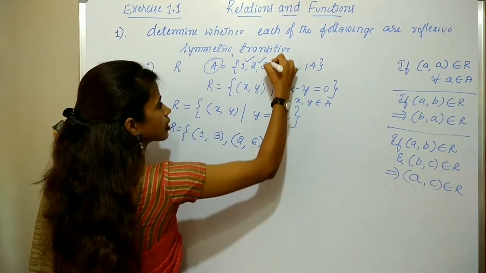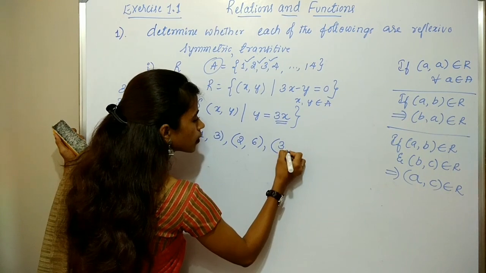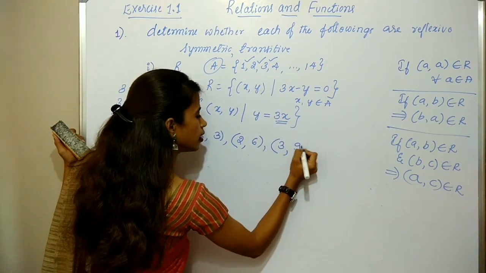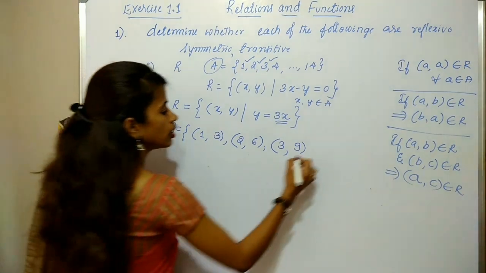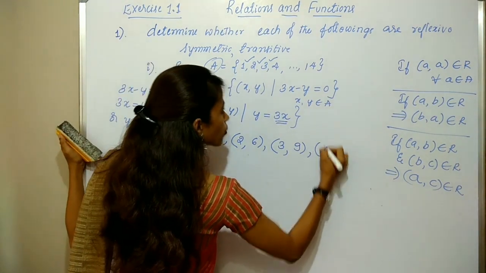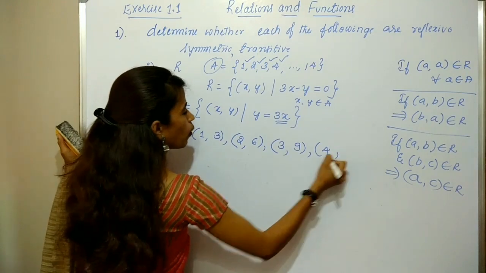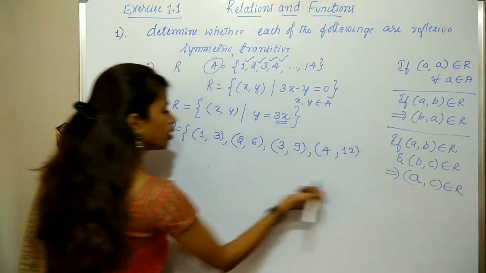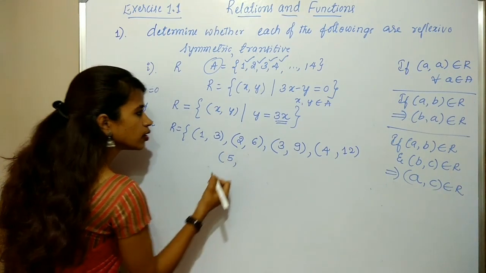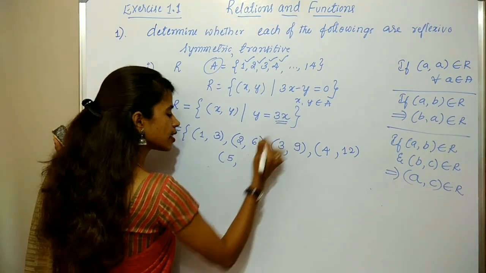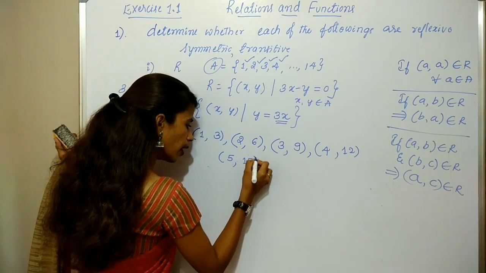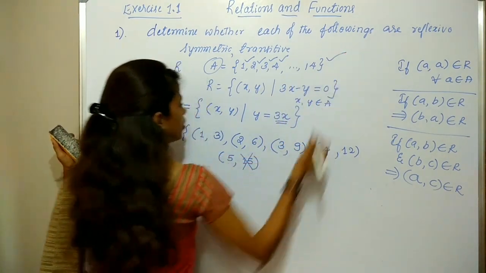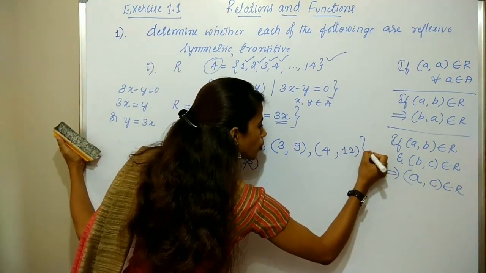In place of x, if I take 3, then y is 3 threes are 9. So next, if I take 4, then y is 3 fours are 12. If I take 5, then it becomes 3 fives are 15. But 15 is not in this collection. So we stop up to this.